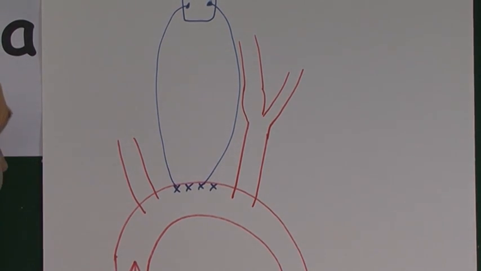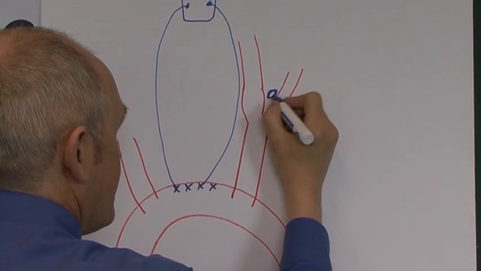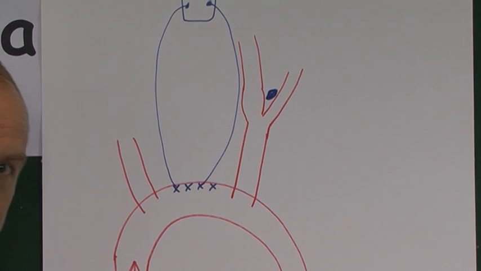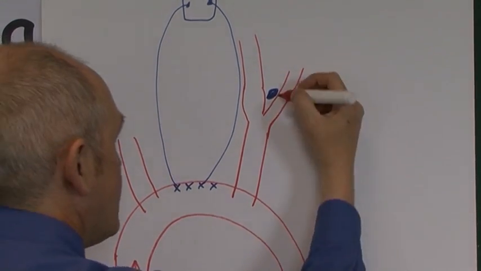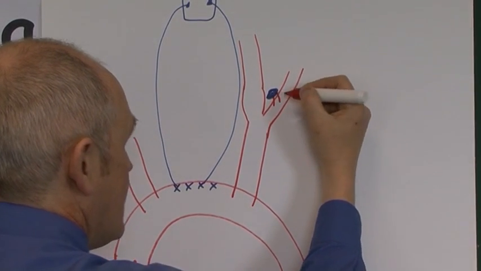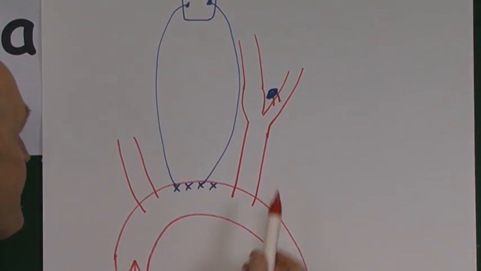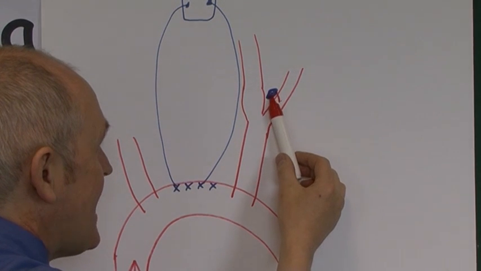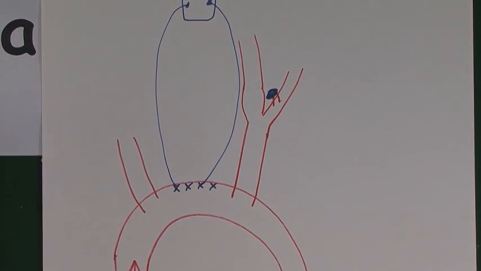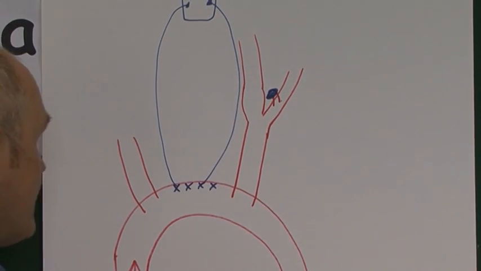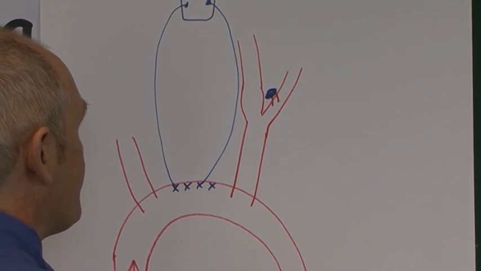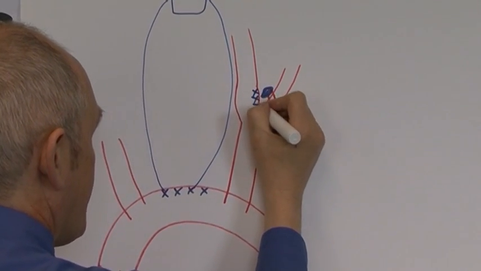And just here, there is a carotid body. And this carotid body is receiving blood actually from the external carotid artery, and it's detecting the level of oxygen in the carotid artery. And in this first part of the carotid artery here, the carotid sinus, again, the amount of oxygen in the blood is being detected.